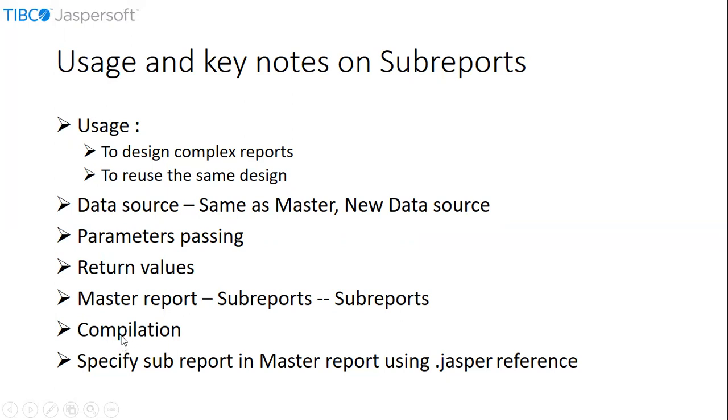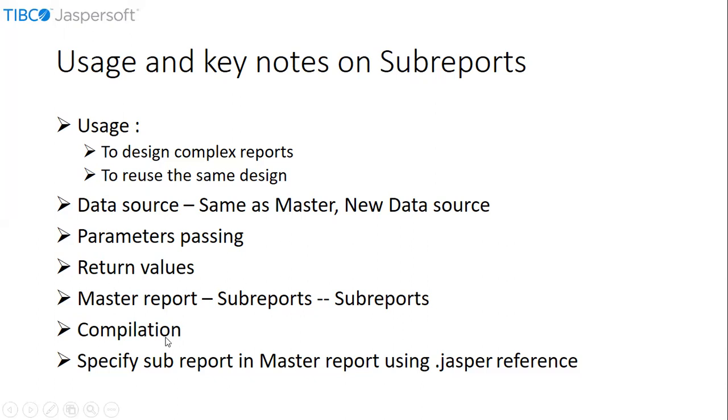Now let us briefly look at what compilation means with respect to a sub-report. In the development phase of any sub-report, we make a lot of changes. Unless we compile the sub-report, we cannot see the changes made in it when we call it from the master report.